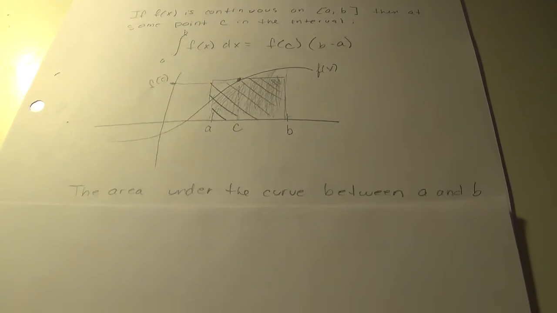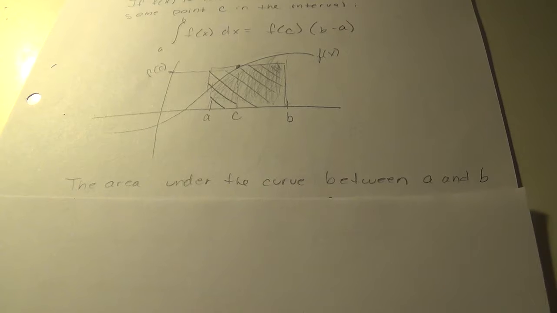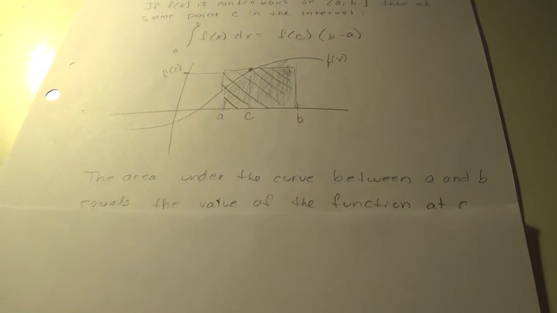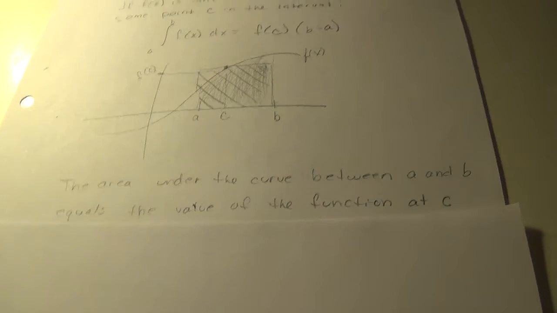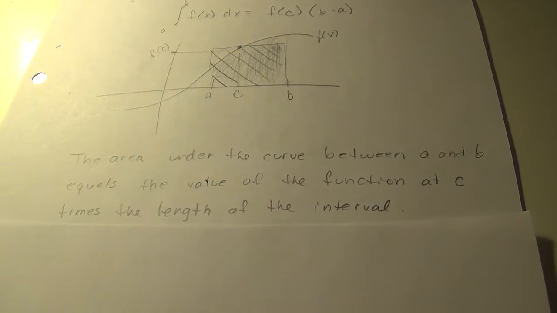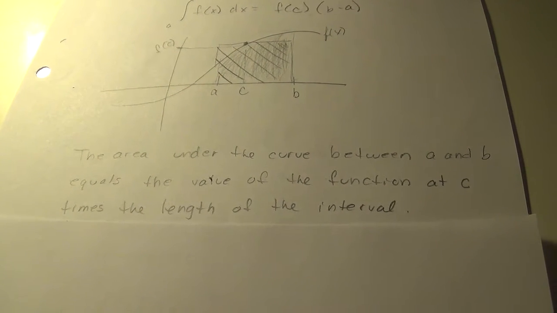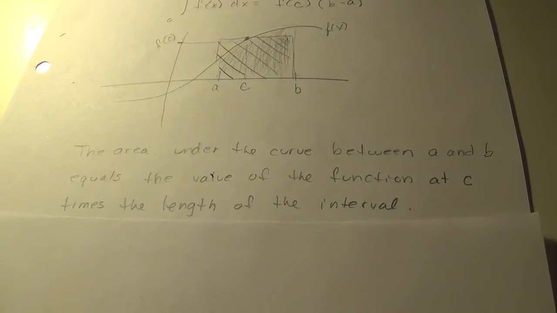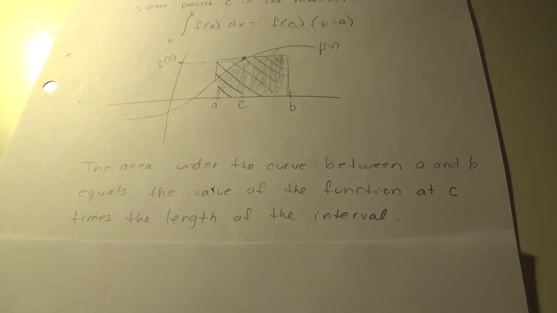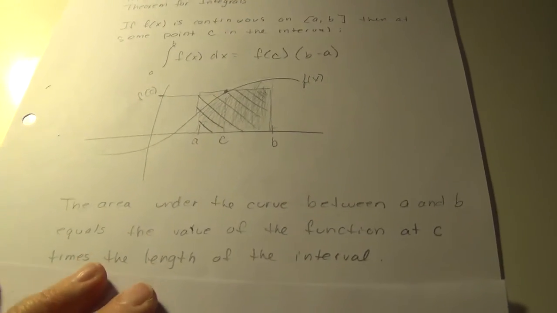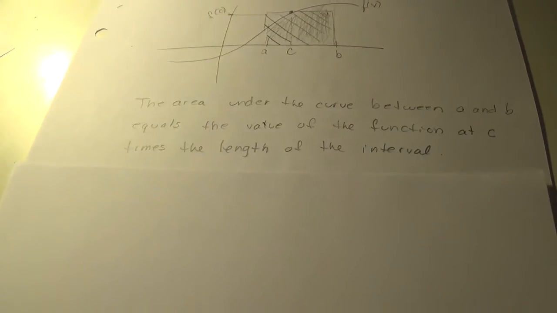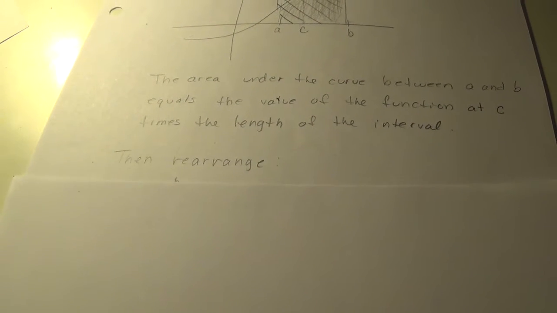It's saying the area under the curve between a and b equals the value of the function at c times the length of the interval. It's easier to see as a picture, but I'd like you to write it in words as well. You can pause and get that down, and I'm going to go on.